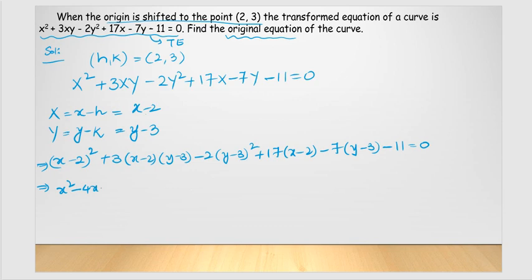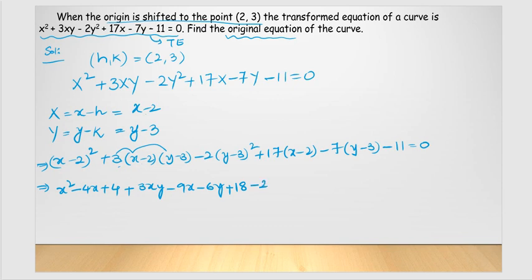Now on doing expansion and simplification, what am I going to get? x square minus 4x plus 4 plus, here 3 into x into y gives me 3xy. 3x into minus 3 gives minus 9x. 3 into minus 2 minus 6 into y, minus 6y. Next, 3 into minus 2 minus 6 into minus 3, so minus 6 into minus 3 is plus 18.